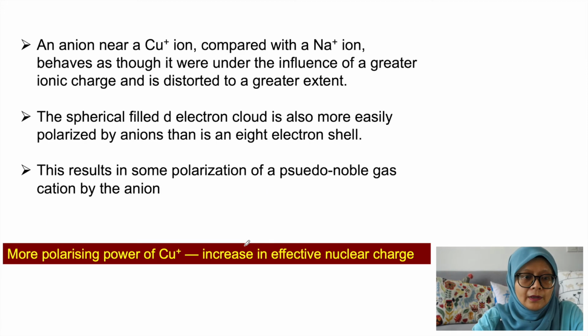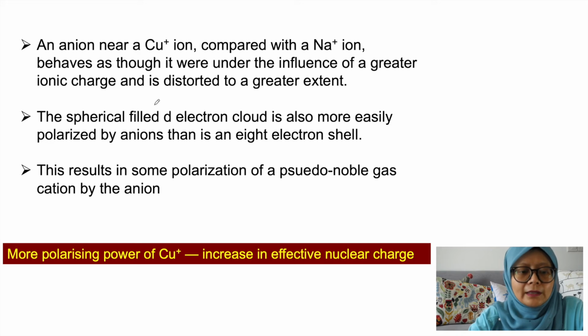But let's say we have an anion near the copper ion compared to the sodium ion. It behaves as though it were under the influence of a greater ionic charge and is distorted to a greater extent.